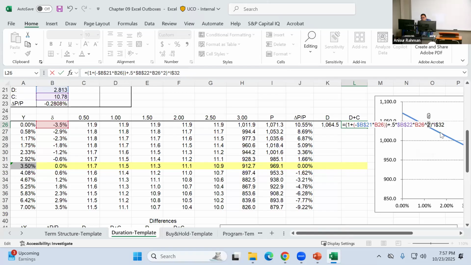What happened here? I don't need one decimal parenthesis.